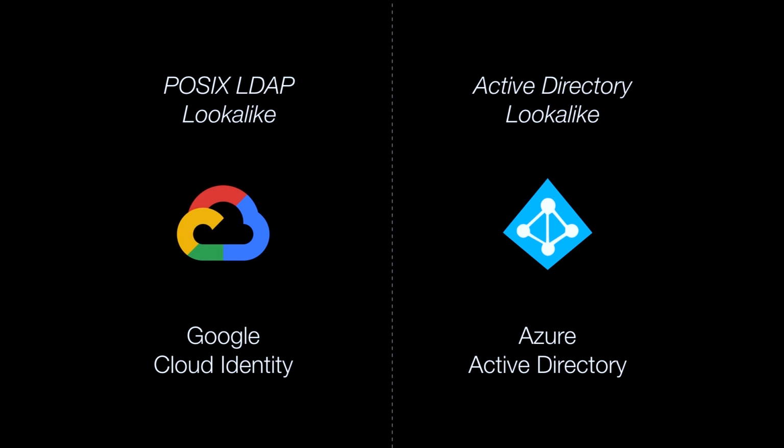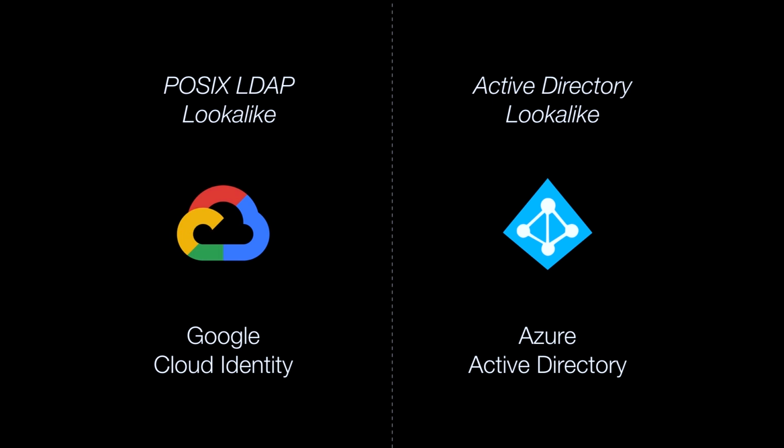And personally, when we do consulting services with my company, we don't accept to be accountable for any other directory as a service on the market because of their LDAP implementation. So far, those are the only two I've seen that work for real.